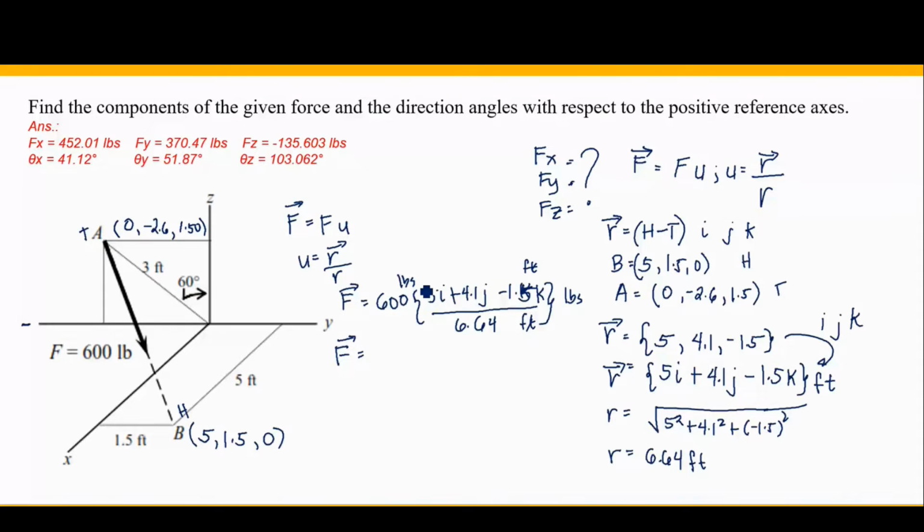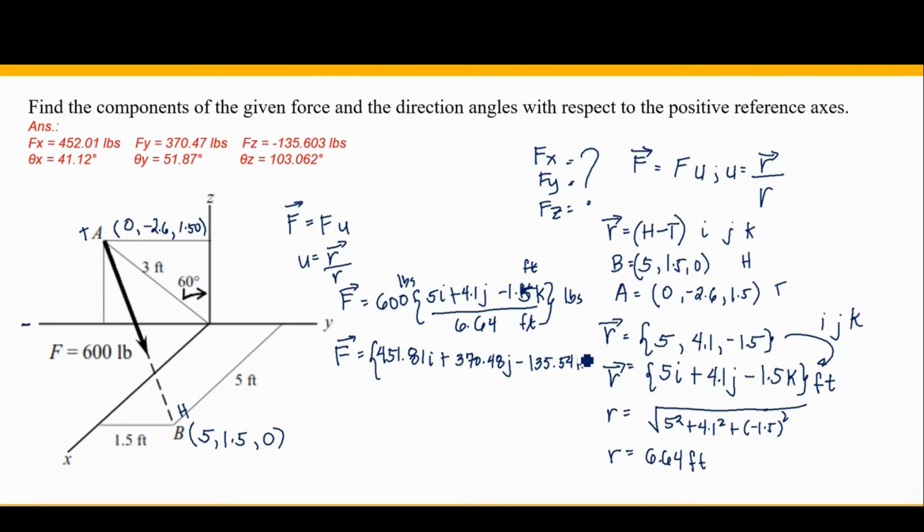Okay, so distribute nyo lang yung 600. So that is equal to, okay, ilan? 451.81i plus 370.48j minus 135.54k.